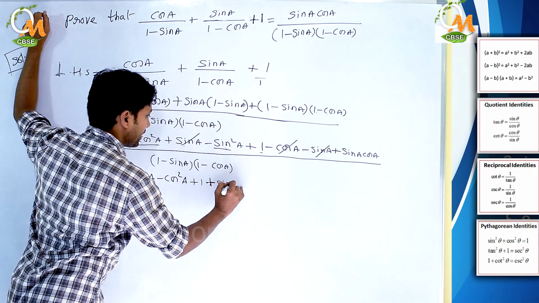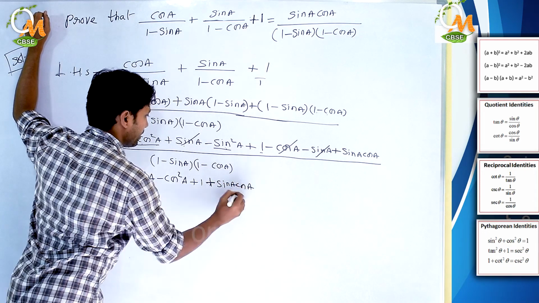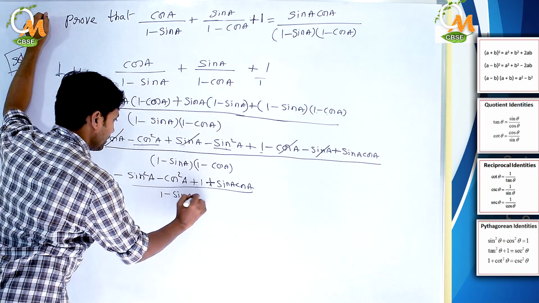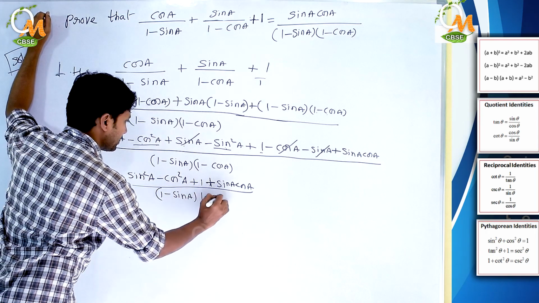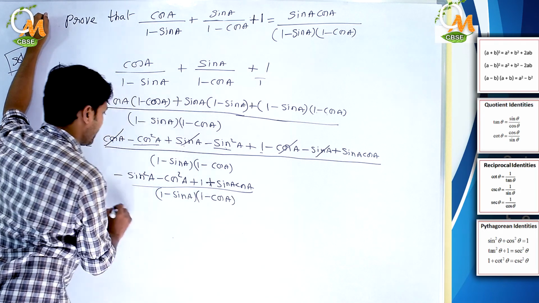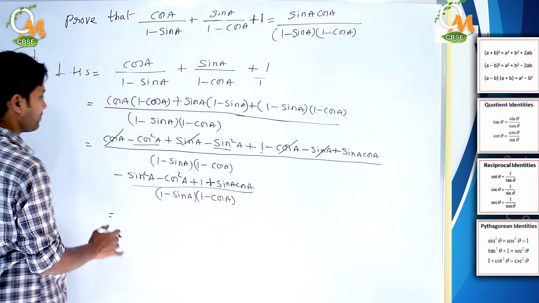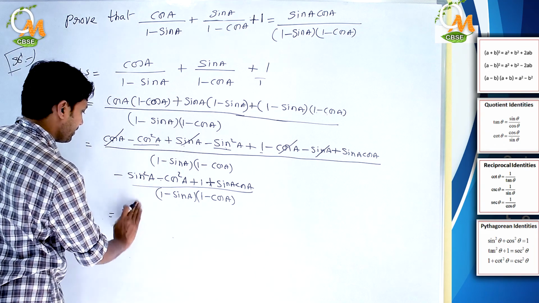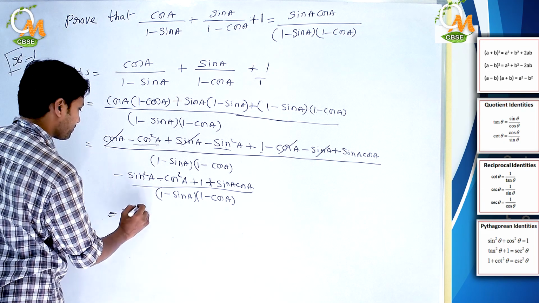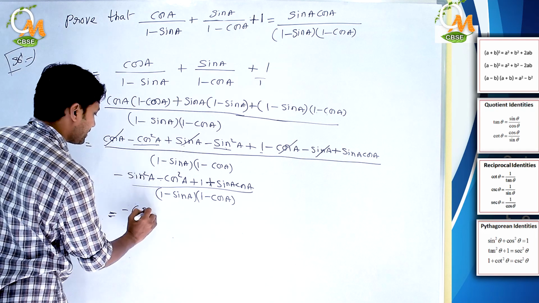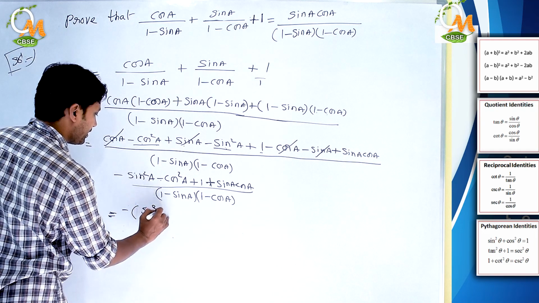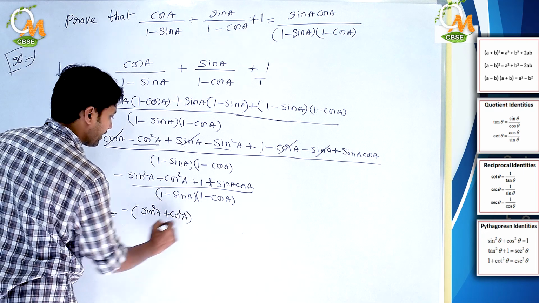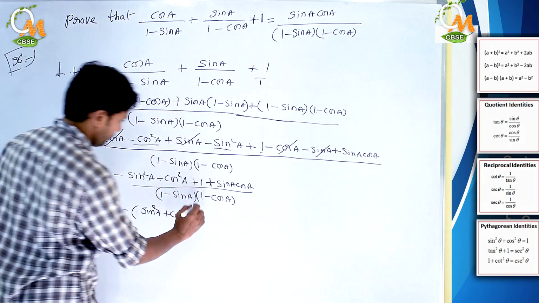Okay, plus sin A cos A upon what? Again 1 minus sin A into 1 minus cos A. Right, now just look at this. If you take the minus sign in common, this would be minus sin square A will be plus sin square A inside the bracket, and this would be plus cos square A after taking the minus sign in common.